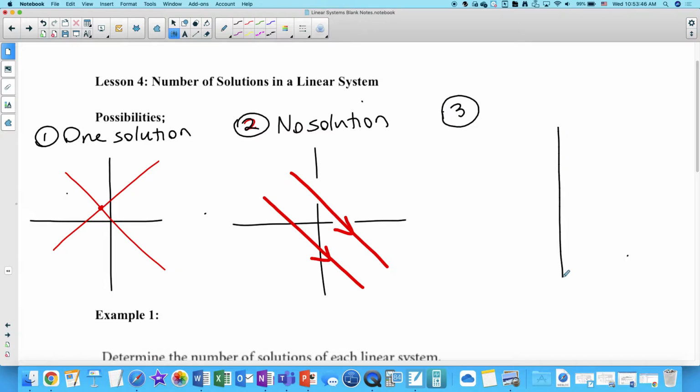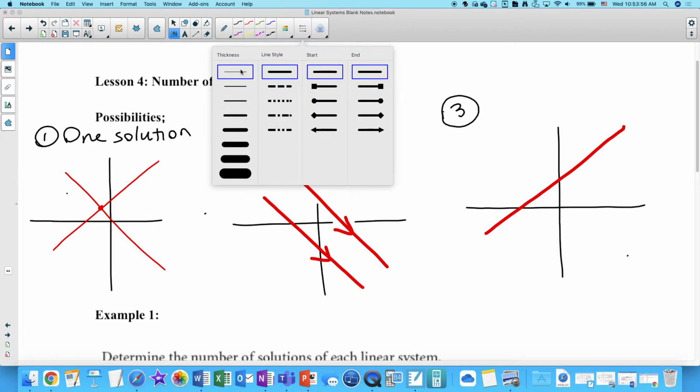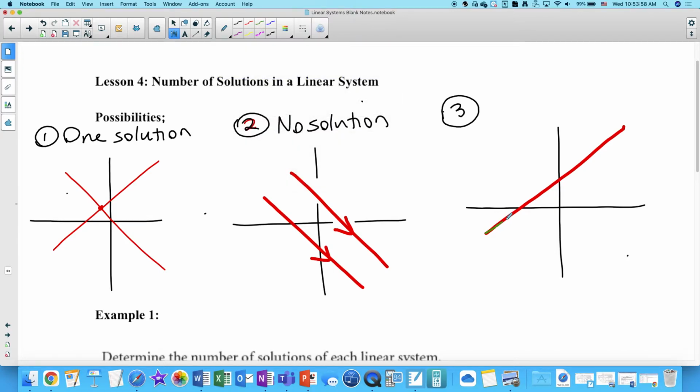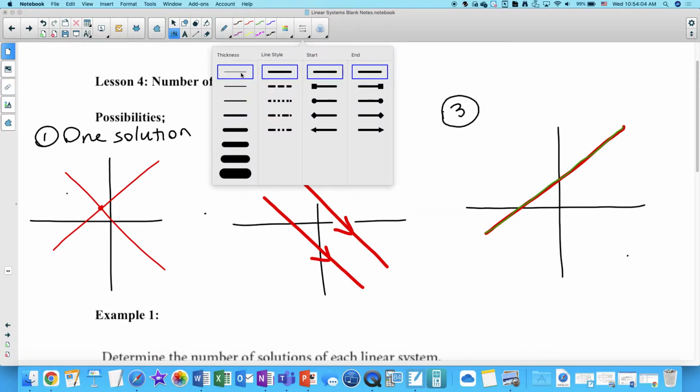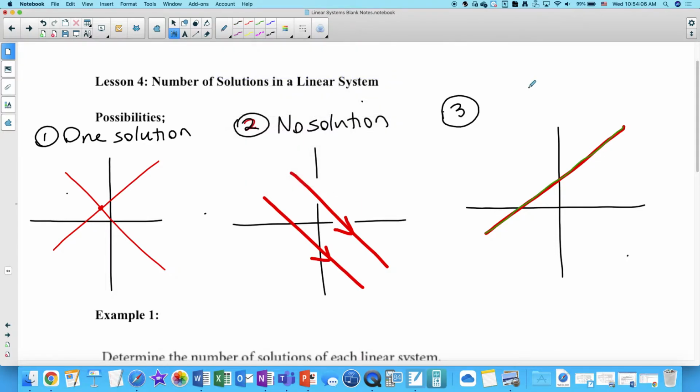And if the lines overlap, then you actually have infinite solutions. Any point on that line would be a solution to the system. Okay, so this is the third possibility. And that is infinite solutions.